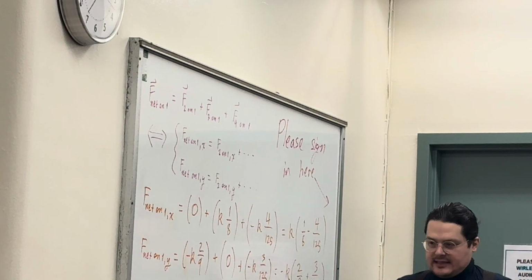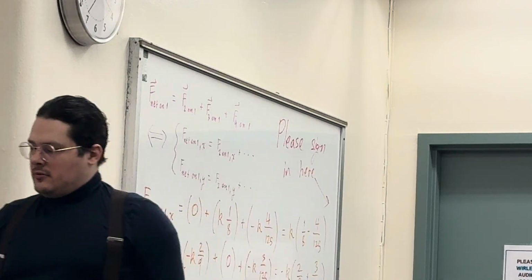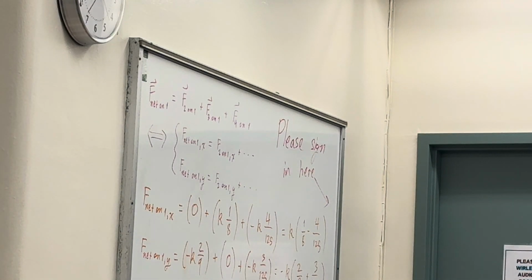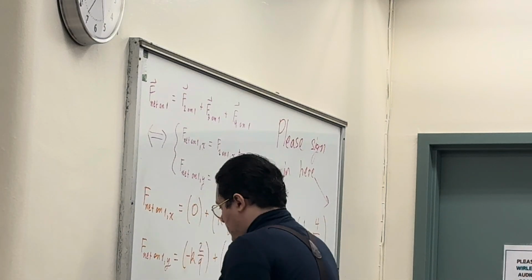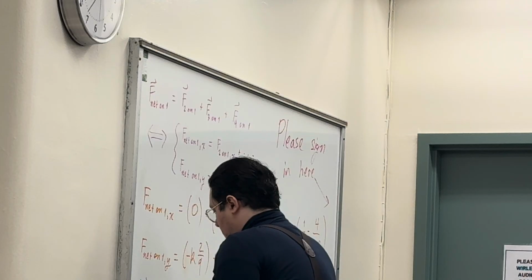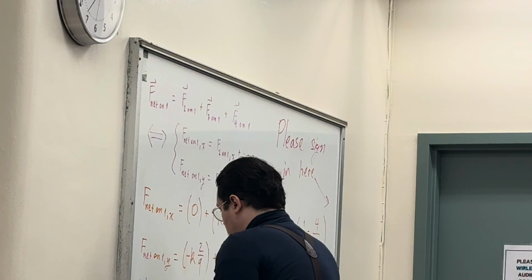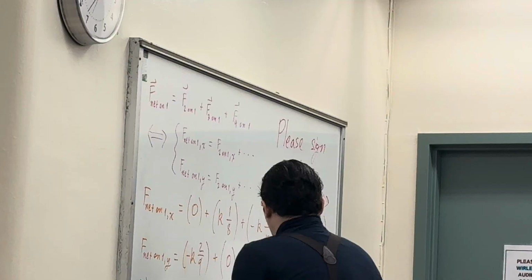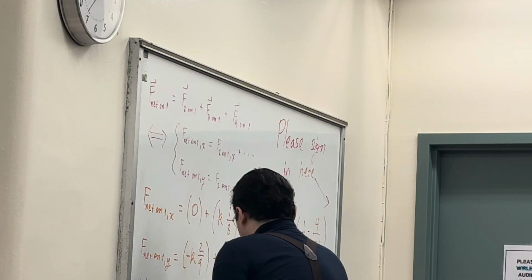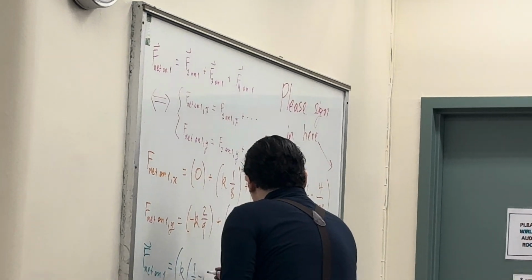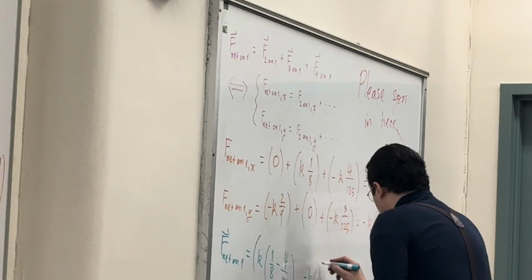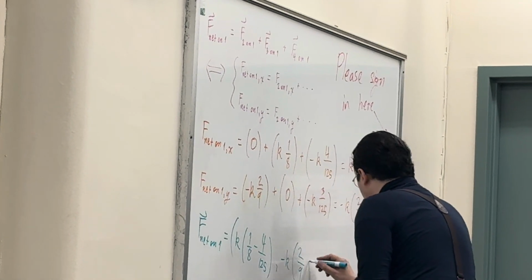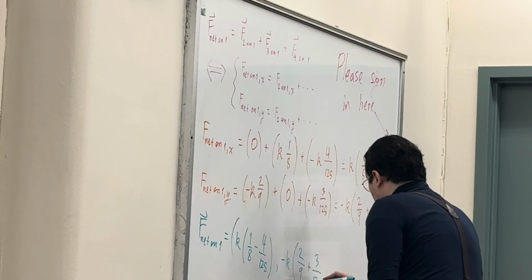If you wanted to write this out as a single vector, this vector has the form, and I'm not going to do it manually, net on 1 has the x component k times an eighth minus 4 over 125, whatever that is numerically, comma, negative k times 2 over 9 plus 3 over 125.